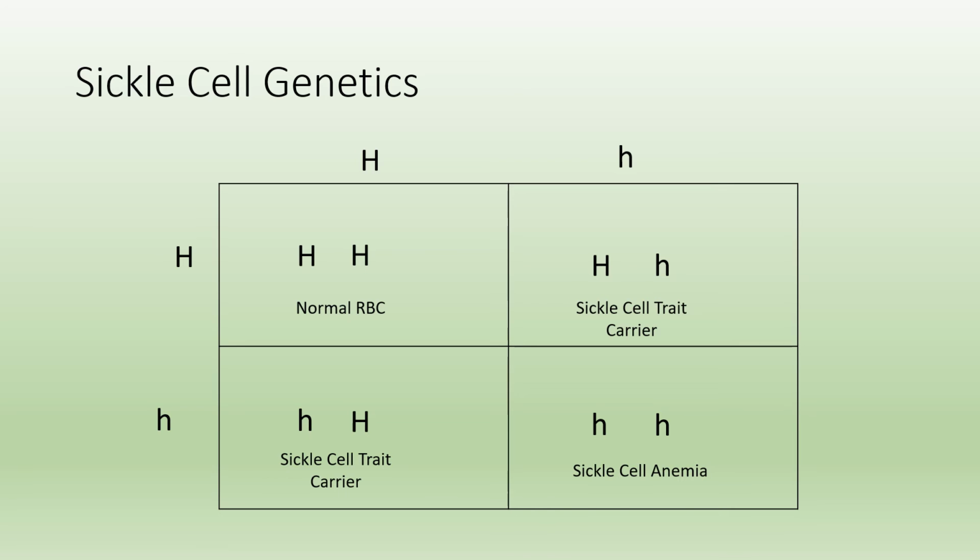So for their offspring, there's a 25% chance that any given offspring will have both alleles normal, a 25% chance that both alleles will be the sickle cell allele, and that child will have sickle cell anemia, and a 50% chance that their offspring will have the heterozygous condition, and they will be a carrier and have something called sickle cell trait.